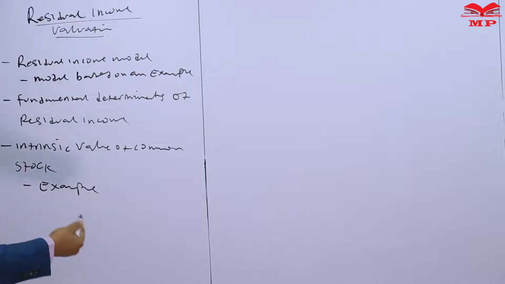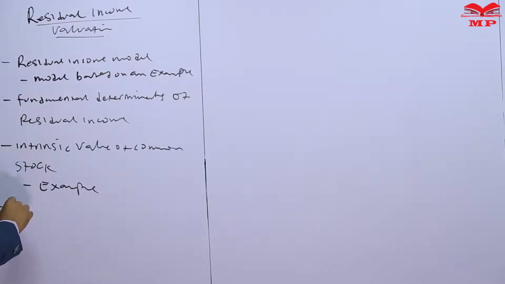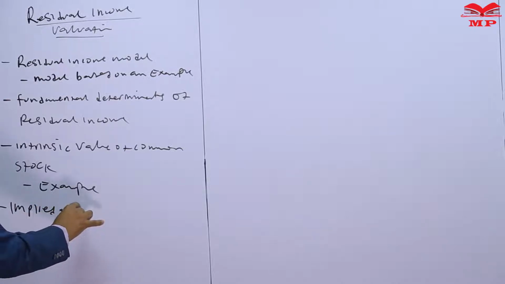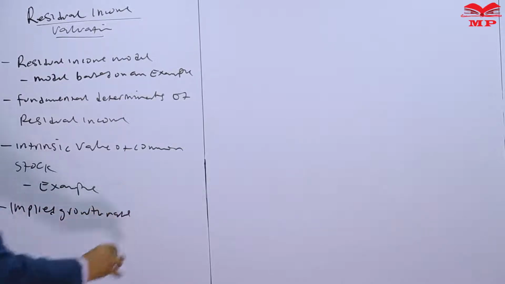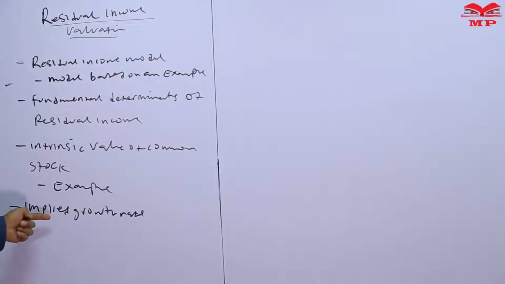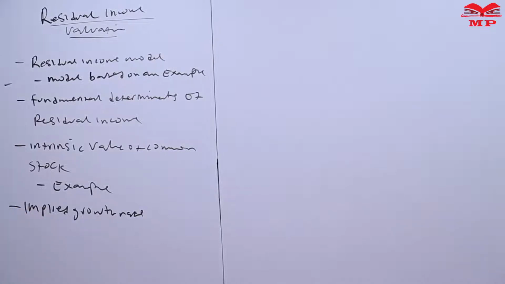Once you look at the example on the intrinsic value of common stock, we will move ahead and look at the implied growth rate. Now we'll be able to derive the implied growth rate from the intrinsic value of common stock.